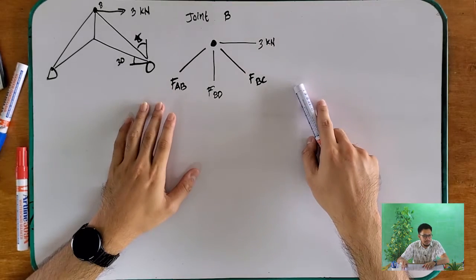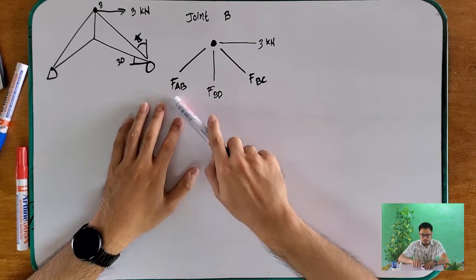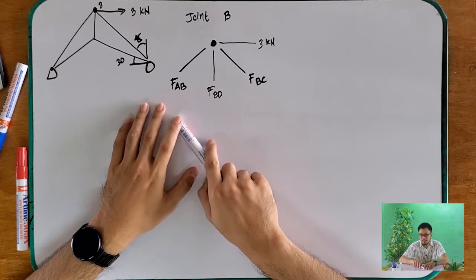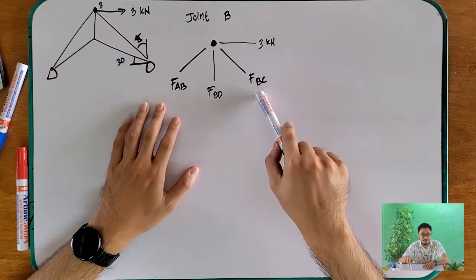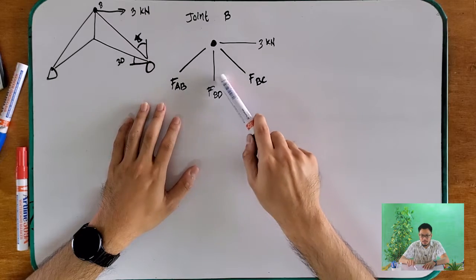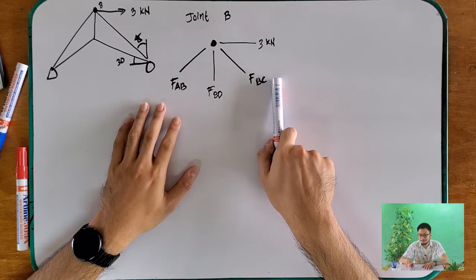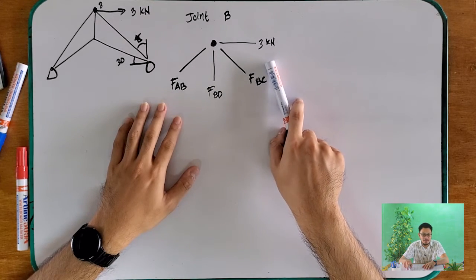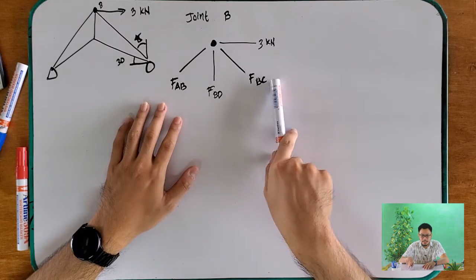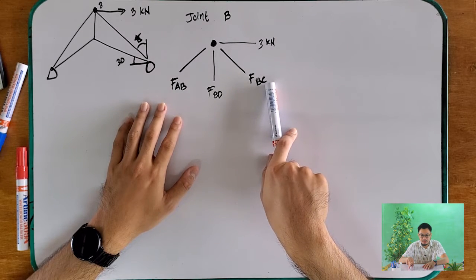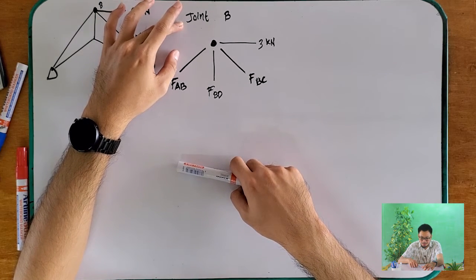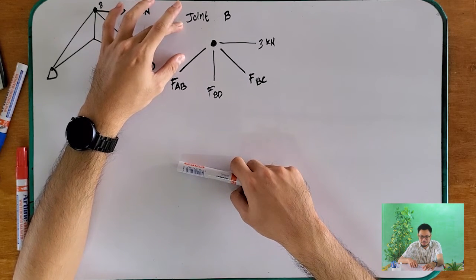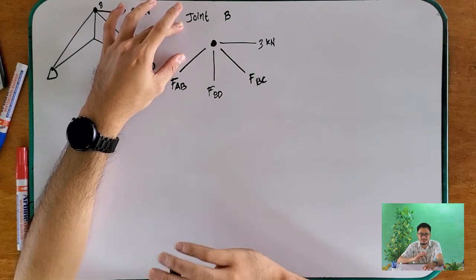Is it possible for you to solve 3 unknowns in one go? If you're going to sum the forces on the Y, you all have 3 unknowns, right? If you sum the forces along the X, you have 2 unknowns. So, you cannot use joint B for you to be able to go through all of this.